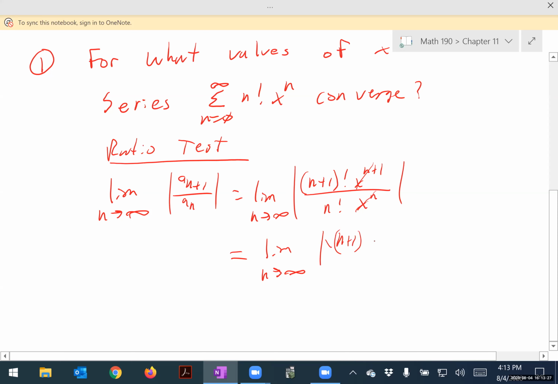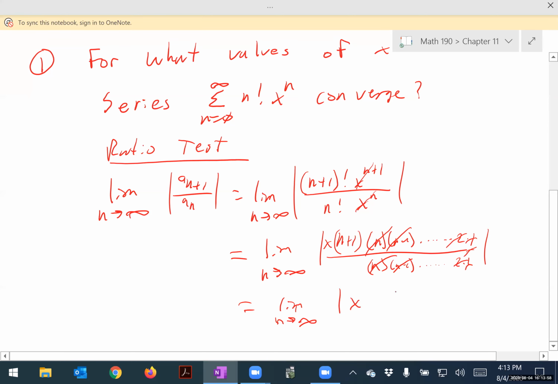Then n plus 1 times n, times n minus 1, dot dot dot, until I get to 2 times 1, done. What's n factorial? It's n times n minus 1, dot dot dot, 2 times 1. So what's going to cancel? Everything except the n plus 1. So this is the limit as n goes to infinity of x times n plus 1.